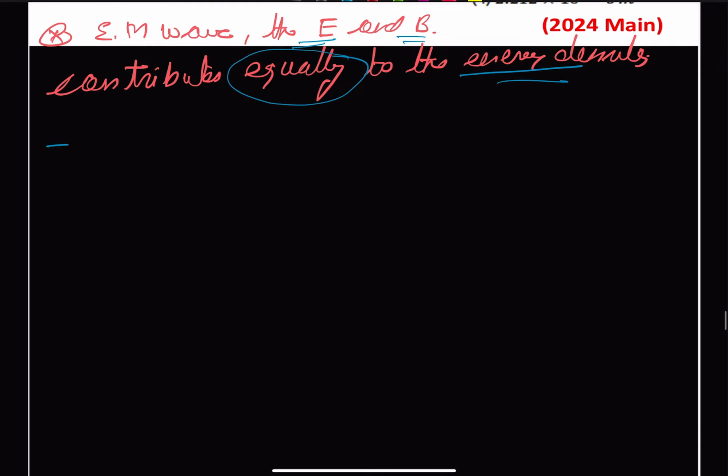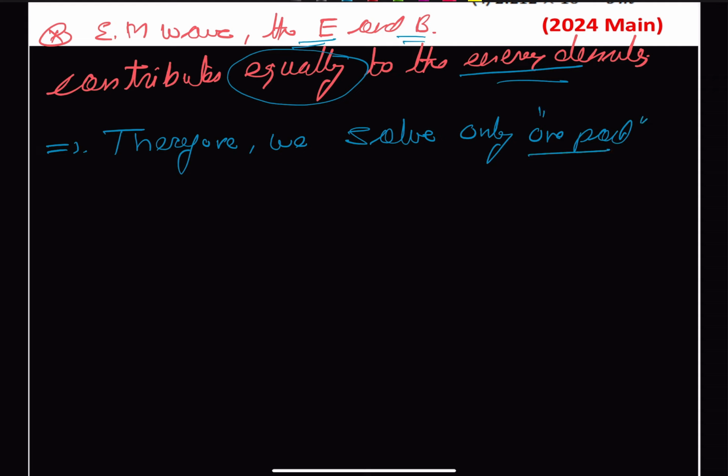Therefore, we can write that we solve only one part, and that one part can be either electric field or it can be magnetic field, to find the total energy density.